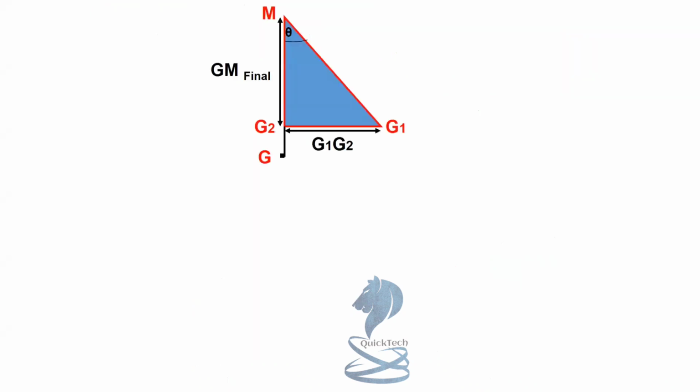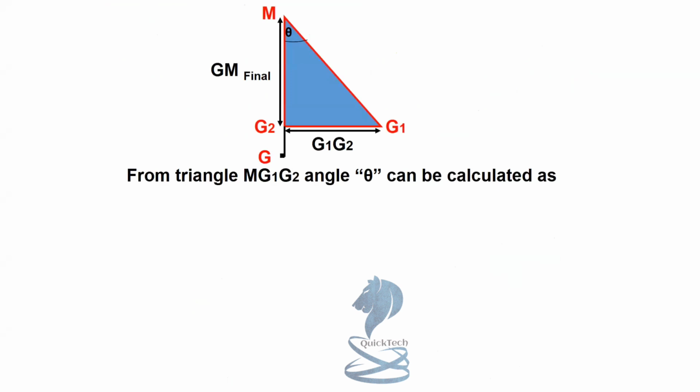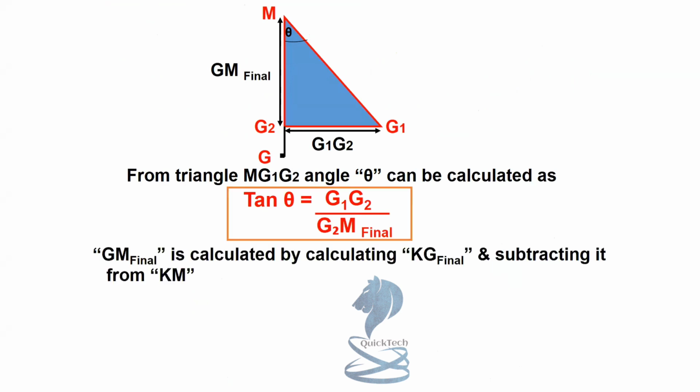Now let's find out how to calculate this angle theta. From triangle M G1 G2, the angle theta can be calculated as tan theta is equal to opposite by adjacent, that is G1 G2 divided by G2 M final. We know that KM is equal to KG plus GM. Therefore, GM final is calculated by calculating KG final and subtracting it from KM.